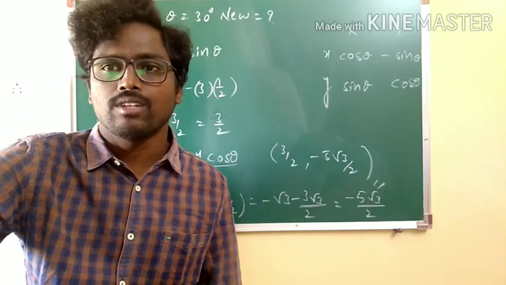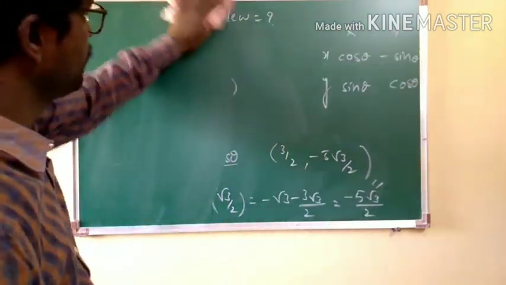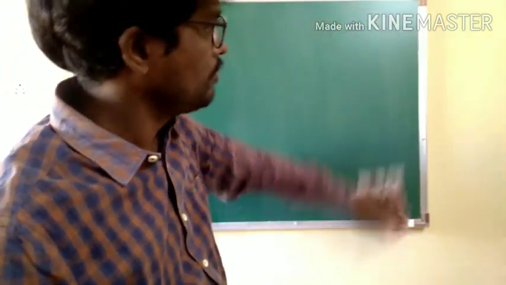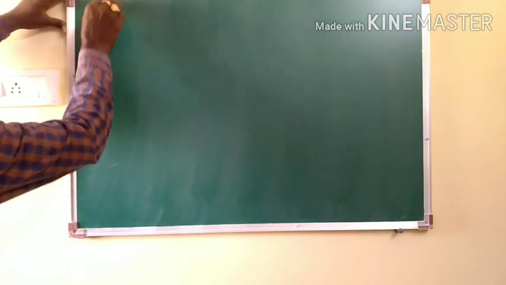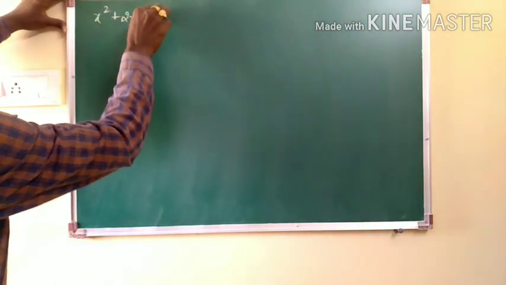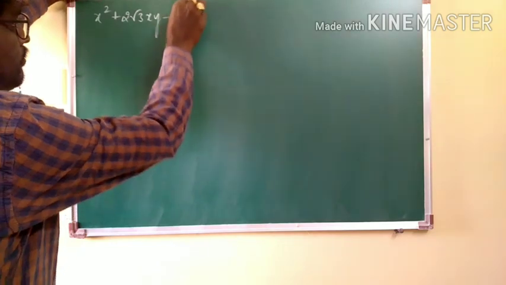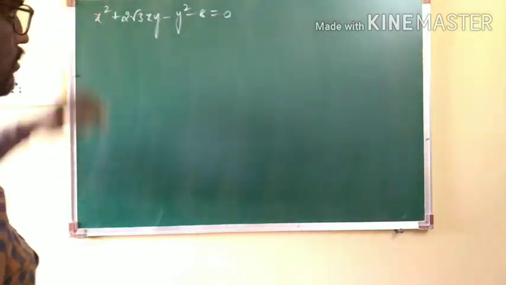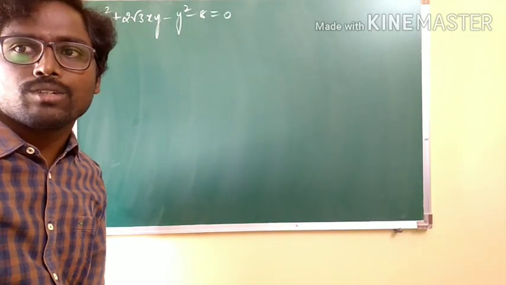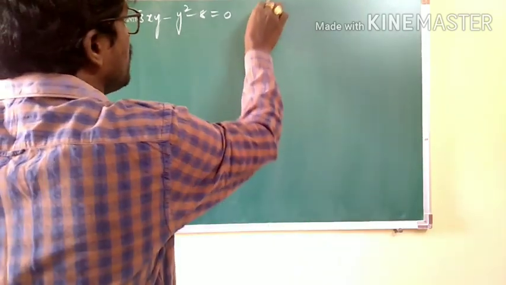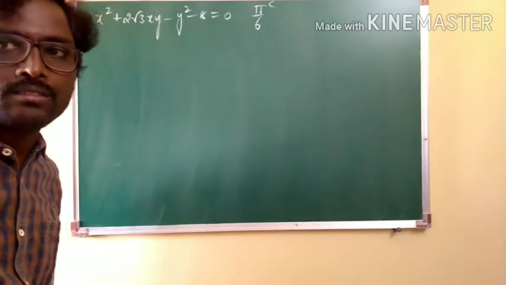The transformed equation of the curve x square plus 2 root 3 xy minus y square minus 8 equal to 0, when the axes are rotated through an angle pi by 6 radians.